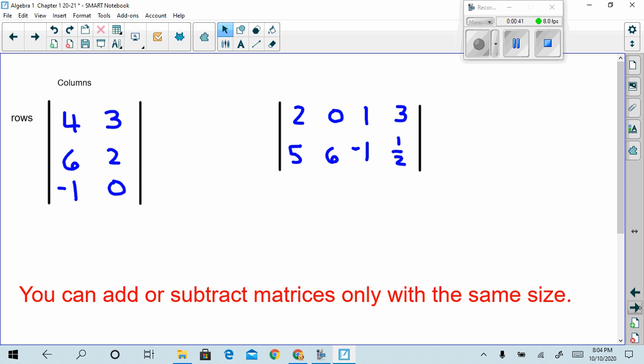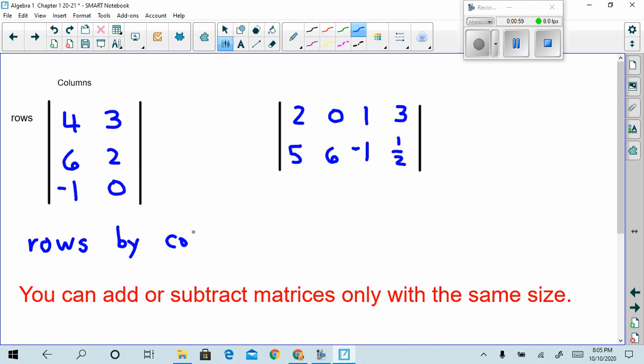Now, we are going to start by naming the size of a matrix, or the dimensions of it, and it goes rows by columns. So if I want to name a particular matrix, I'm going to name it by rows by columns. The columns are the vertical and the rows are the horizontal.